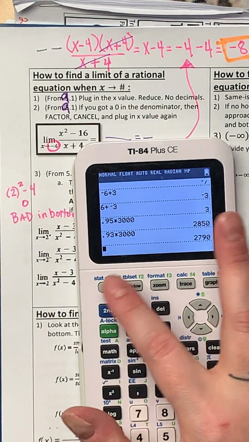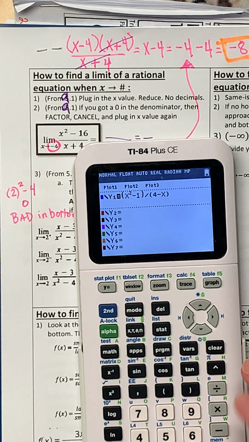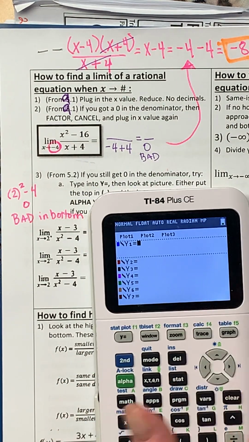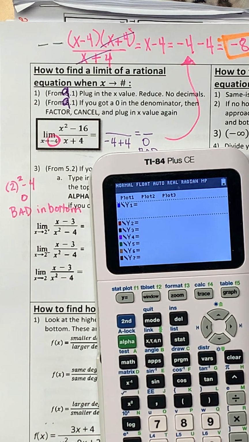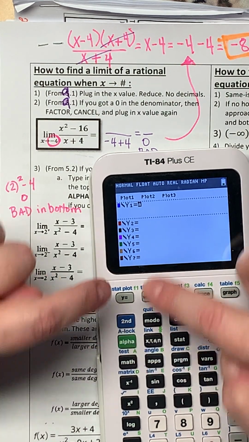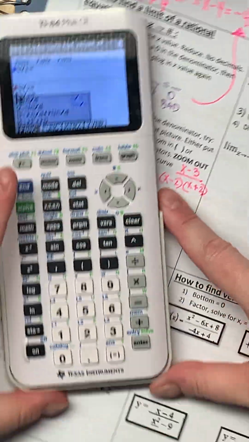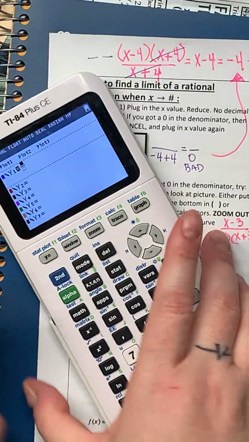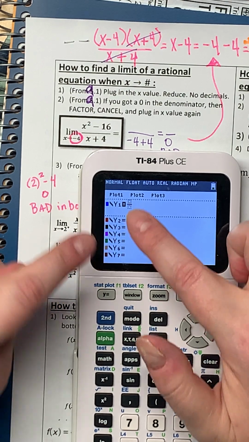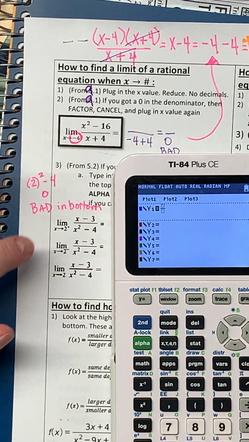I think I did this on another video. But if you have a new calculator like me, you can press this green alpha and this top left y equals, and then press this enter at the bottom right. And it'll pop up little boxes for you to just type in your equation.